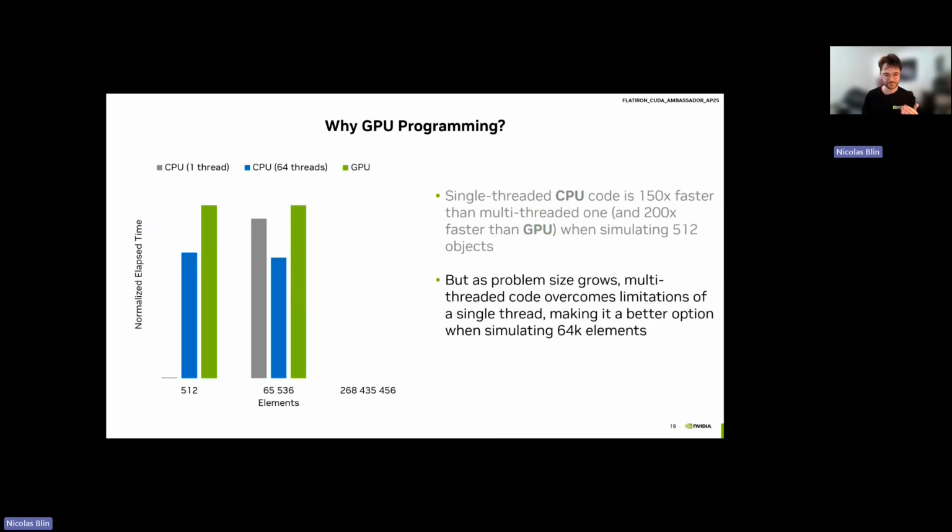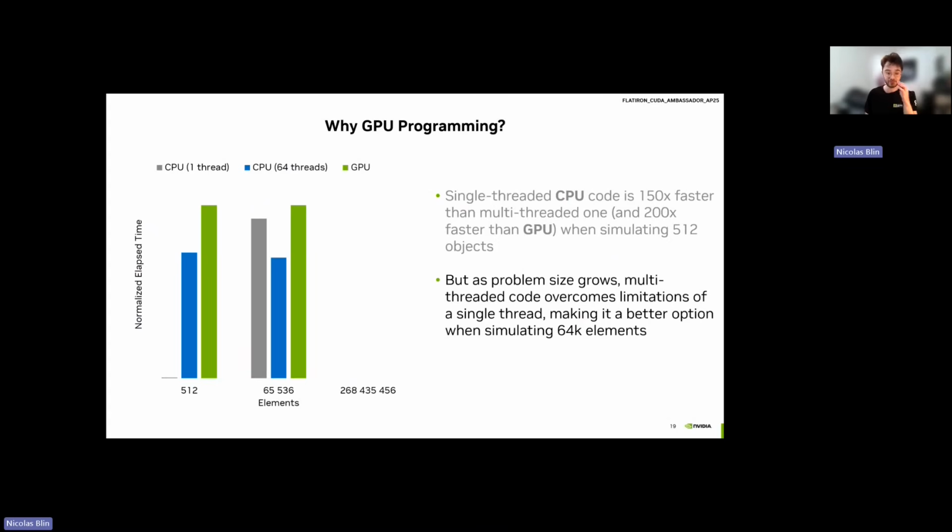Now, if we go further, and now we have around 64,000 objects, we see that finally the multi-threaded CPU is faster than the one-threaded CPU. But the GPU is still too slow. That's because 64K elements is still not a huge amount, considering what the GPU can do.